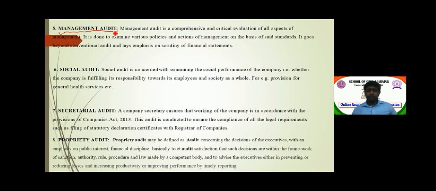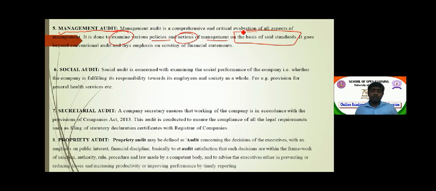Okay. So it is done to examine various policies and actions of management on the basis of, of course, standards like the principles given by Henry Fayol, or the principles given by F.W. Taylor, and so on. All right.